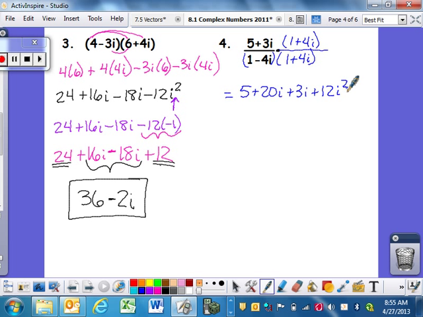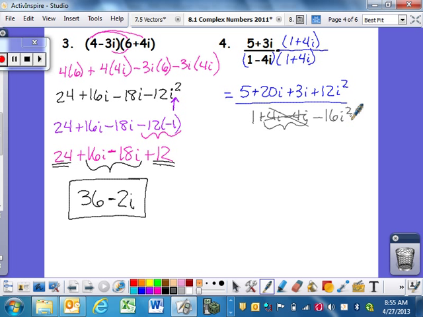Okay? And then that's going to be over. If I do the same thing for the bottom, 1 times 1 is 1. Outside and inside would be a plus 4i and a minus 4i, but those should end up canceling out. And that's the goal behind it. That's why we do the complex conjugate. Negative 4i times 4i is minus 16i squared.